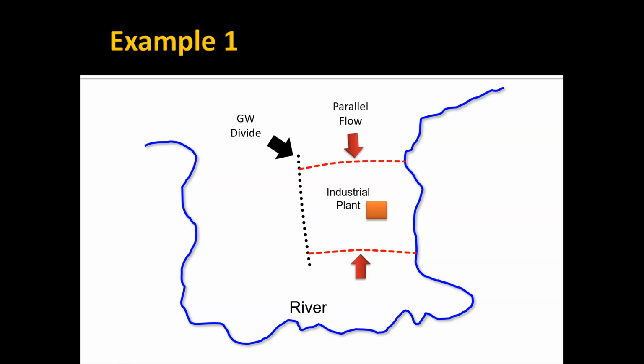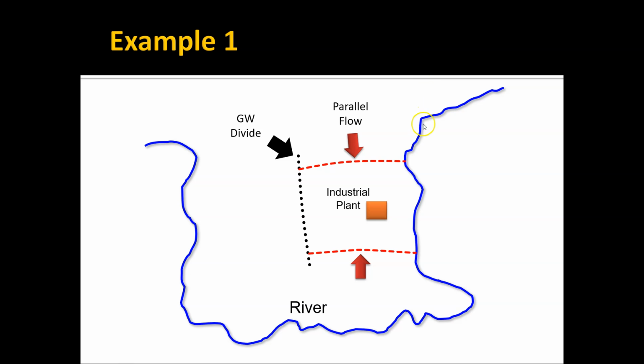And then if it's flowing from the groundwater divide to the river, then perhaps you could put in parallel flow boundaries. This would be similar to the Fremont River exercise we did in class. So again, a groundwater divide here, parallel flow boundaries here, and then this river would either be the river package or a specified head boundary condition. And now you have boundary conditions for this site.